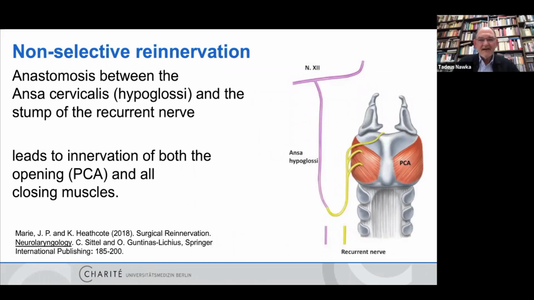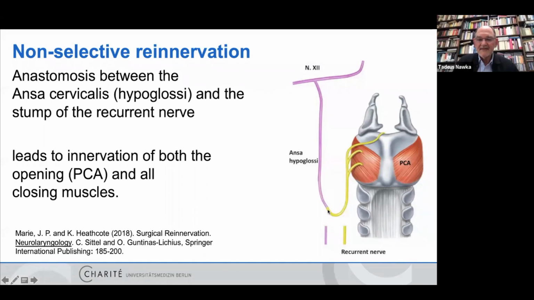Besides the medialization, as I told you, by thyroplasty and arytenoid adduction, which we mostly use, is the non-selective reinnervation, whereas an anastomosis between the ansa cervicalis or ansa hypoglossus and the stump of the recurrent nerve.